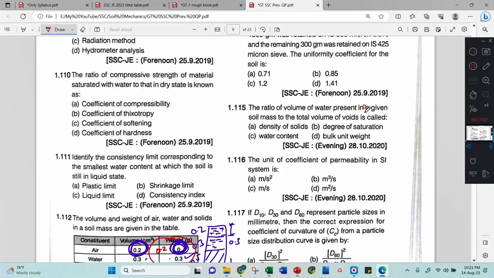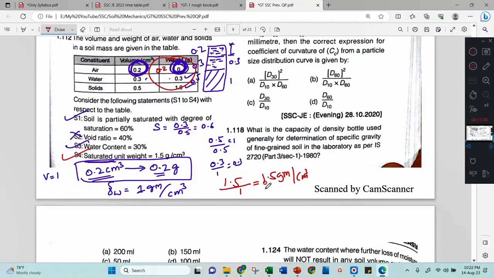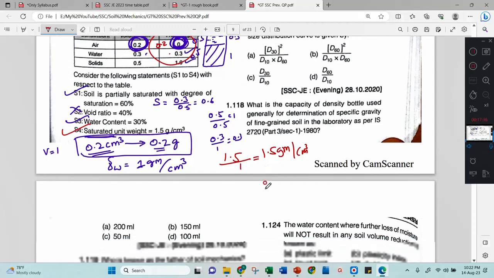Ratio of volume of water present in a given soil mass to the total volume of voids is called degree of saturation. This will skip. What is the capacity of density bottle? Will skip.